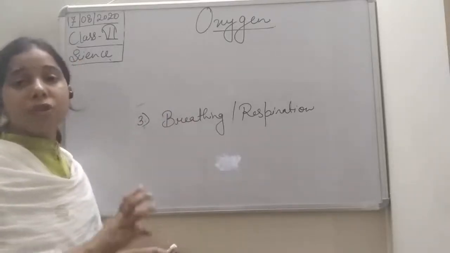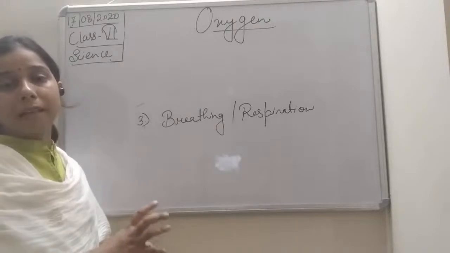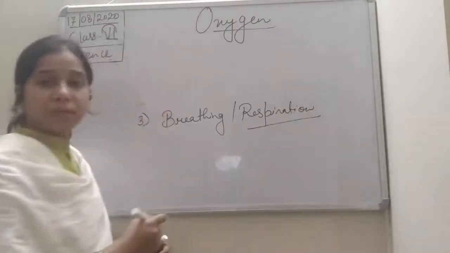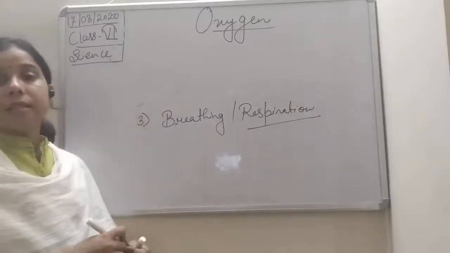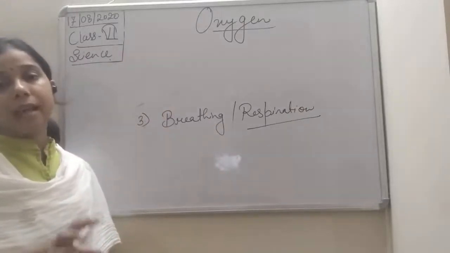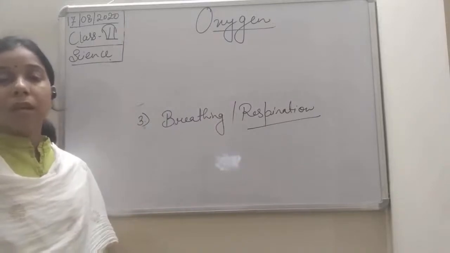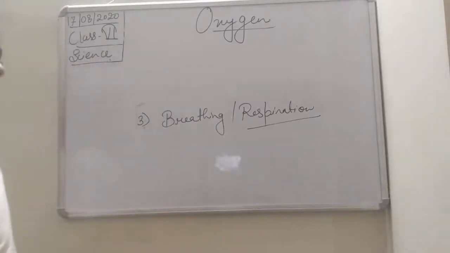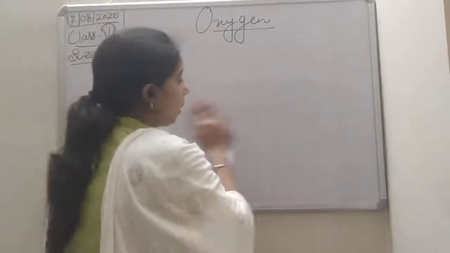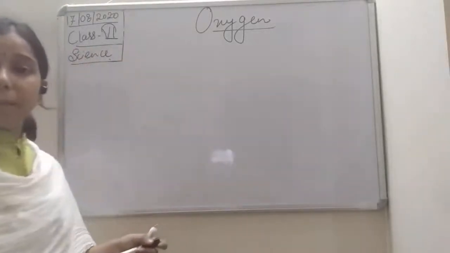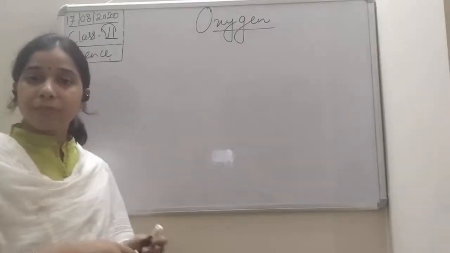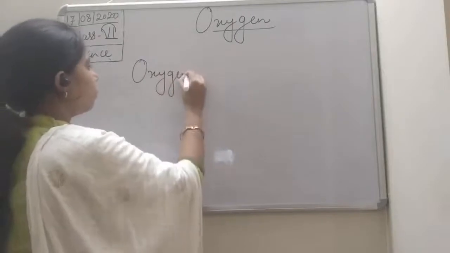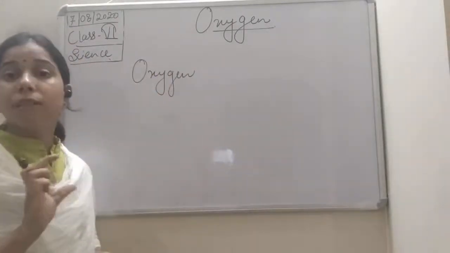But the major role played by oxygen is in the process of respiration. So whether it is a plant or an animal, both of them do this process of respiration. Basically what happens in the process of respiration, students? Plants or animals take in oxygen, okay, and this oxygen breaks down the food.